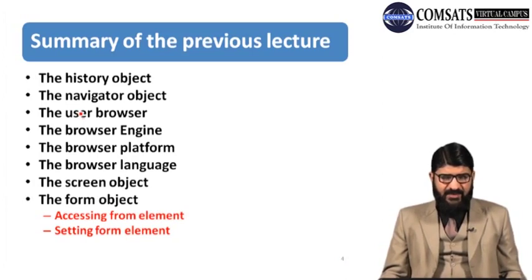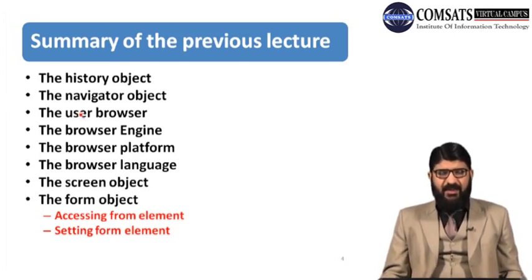And then the browser language. With the help of browser language, you can come to know about the user's browser language. So these are the major methods using which you can get information about user browsers: browser engine, browser platform and browser language respectively.